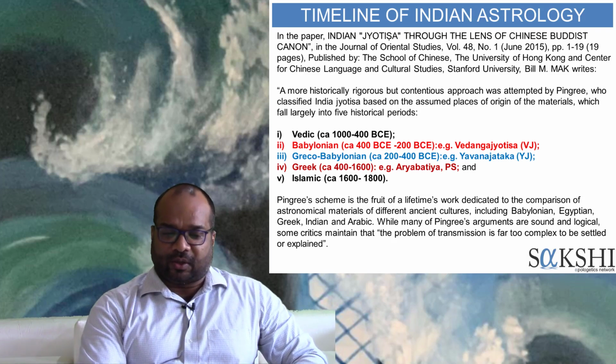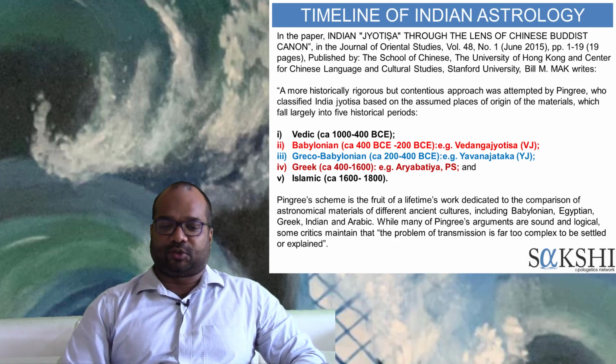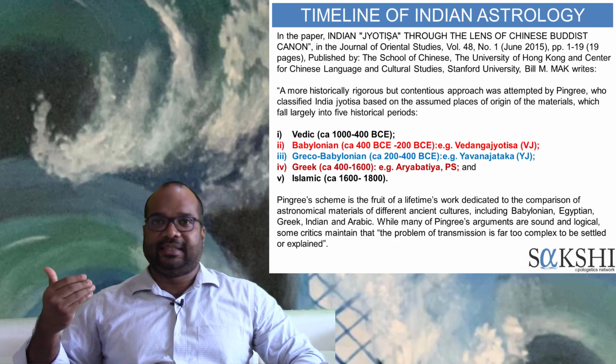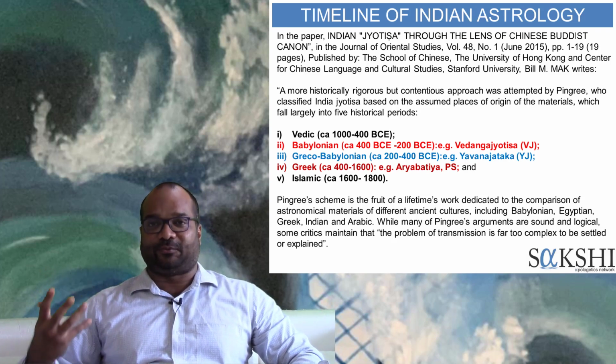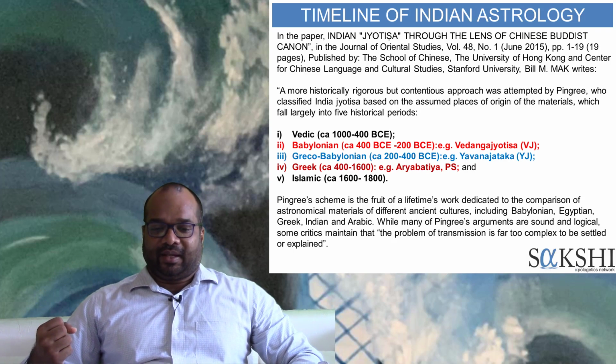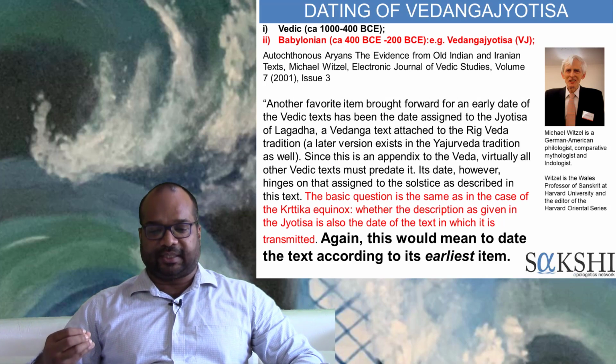But we will also look at the Vedanga Jyotisha in a very brief way, because Vedanga Jyotisha, our Indian Hindutva scholars would argue, is completely from the Vedas. The Harvard professor Michael Witzel is a German-American philologist, a comparative mythologist and an Indologist.